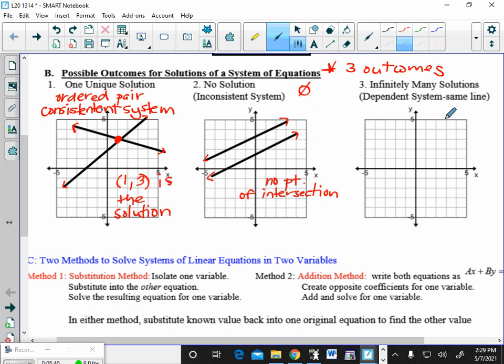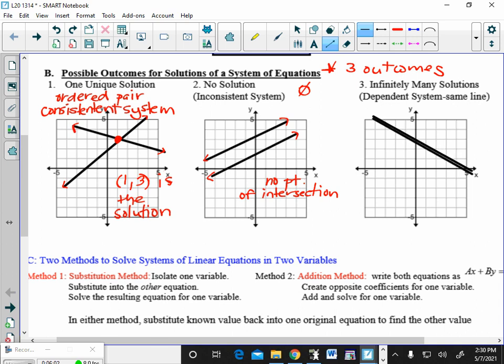Okay, let's go to number 3, infinitely many solutions. You graph one of your lines in the system, it can be any line, and you go to graph the other line, and it is the same line.